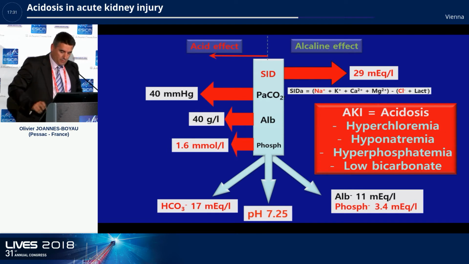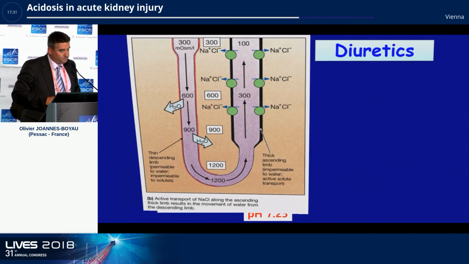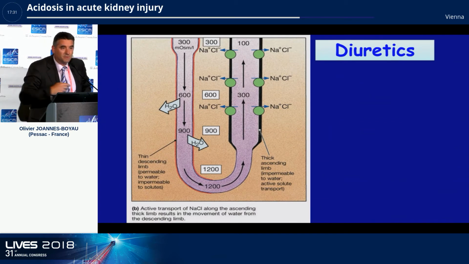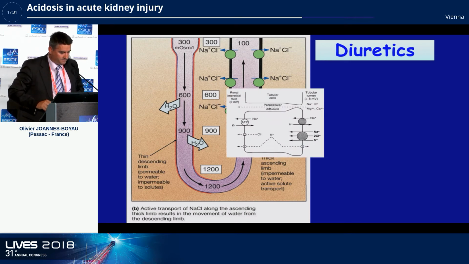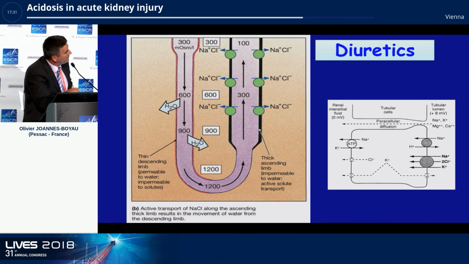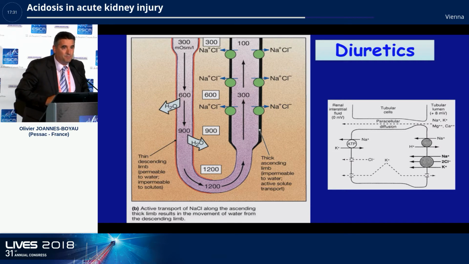Just to come to the diuretics, to explain the other part, you have the alkalosis, as Louis explained. You know that the diuretics will have an action on this pump, the NKCC pump, and the diuretic is able to block this pump.